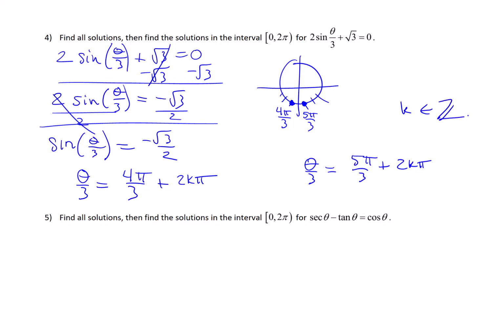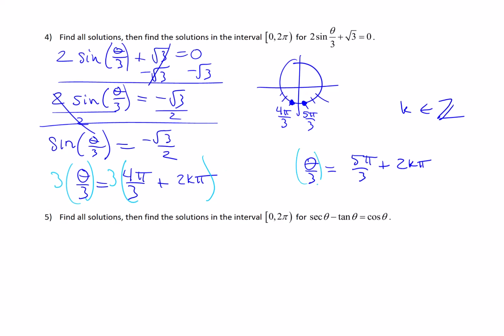is an integer value. Now, we want to solve for theta, not just theta over 3. So what we'll do, like we saw previously, is multiply both sides of these equations by 3 in both cases for our solutions.